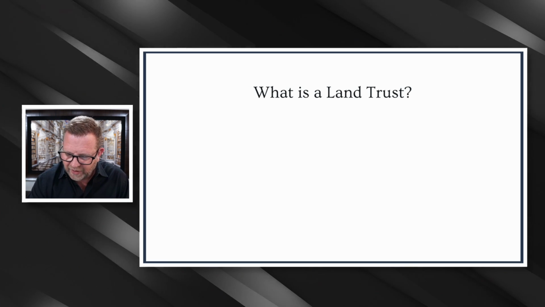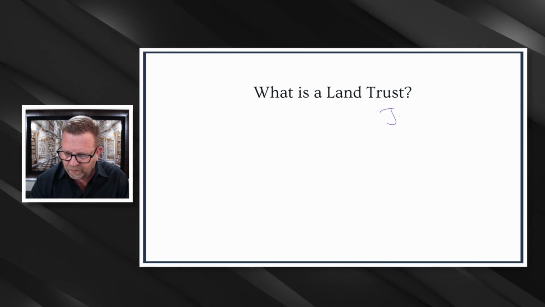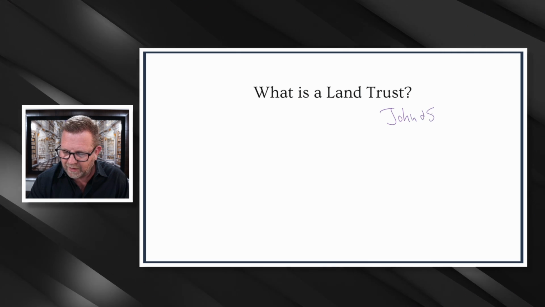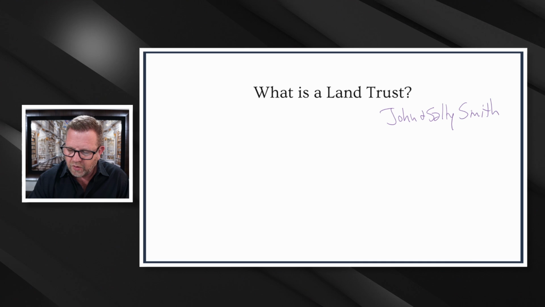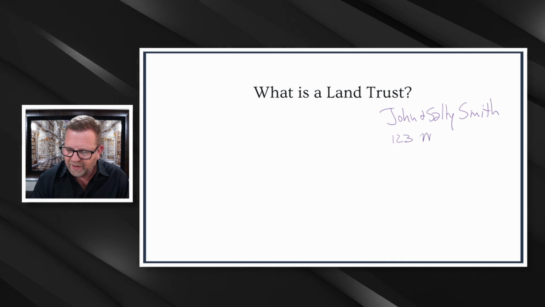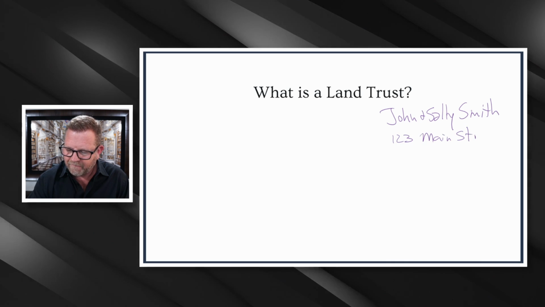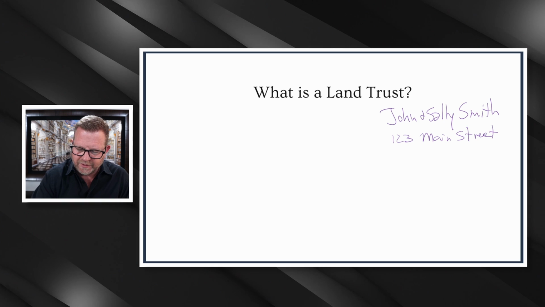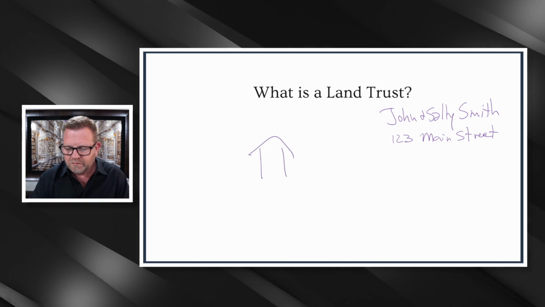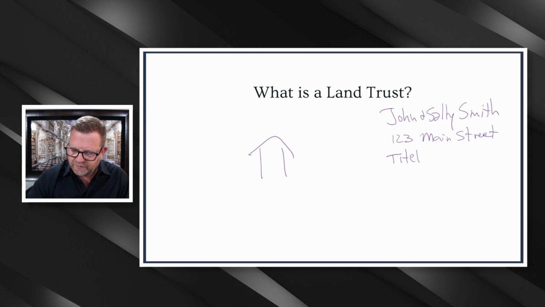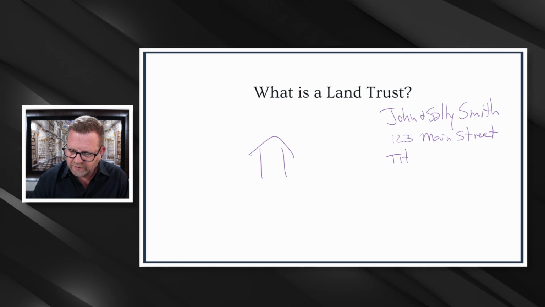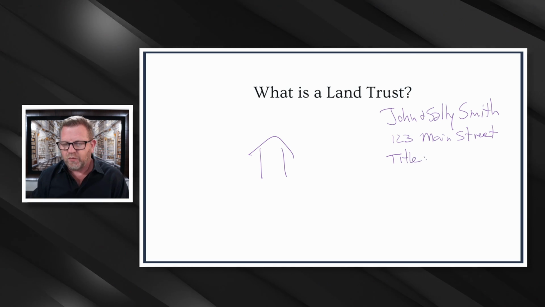Let's just say that we have John and Sally Smith, and they own 123 Main Street. It's a cute little house. I'm just going to make a house over here. And you're looking at title. What's on title?